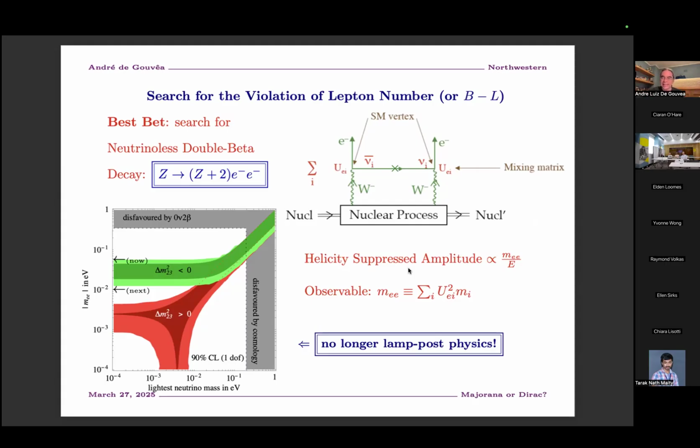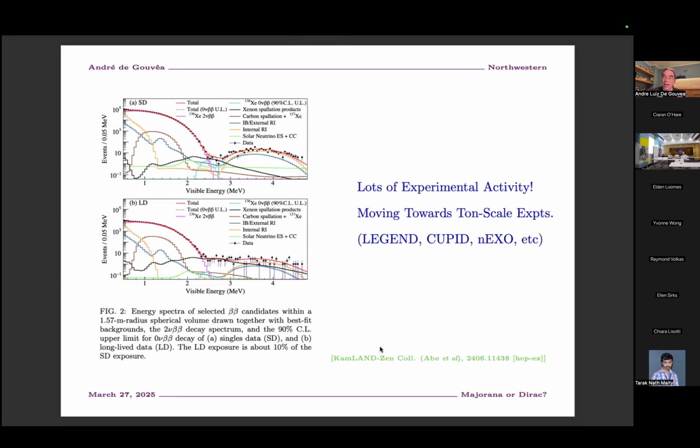You basically start out with a state that has no electrons in it, and you end up with a state with 2 electrons. You violate lepton number by 2 units, and assuming that this diagram is the dominant contribution to neutrinoless double beta decay, the probability for this to happen, or the amplitude, is proportional to some linear combination of neutrino masses.